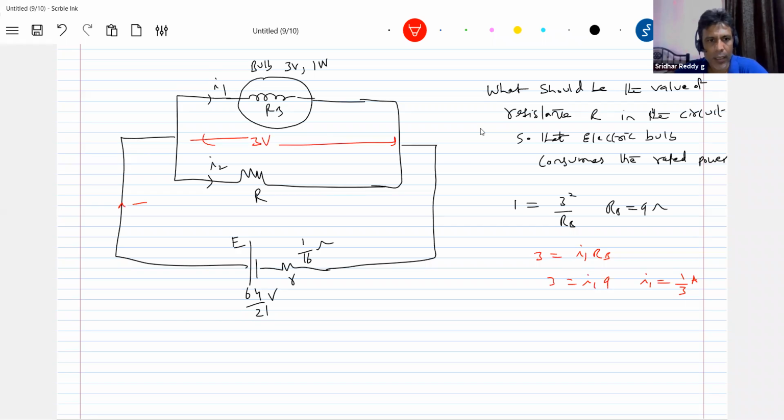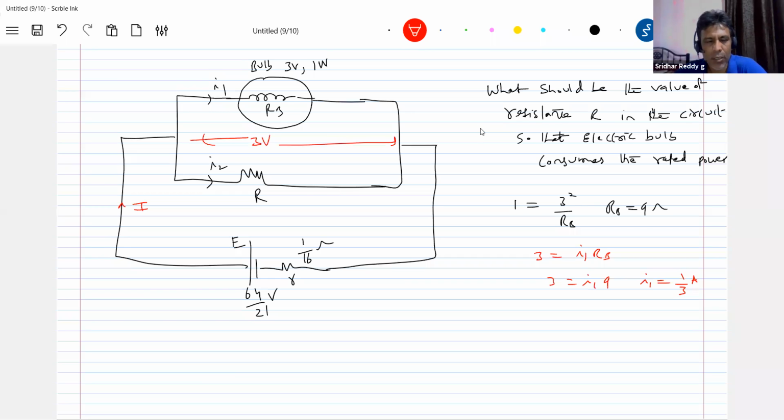Let the total current flowing through the circuit be I. Next, what should be the value of R? These are the conditions that are there. I should get the power dissipated here as 1 watt. So we got the value of I1. So what is I2?